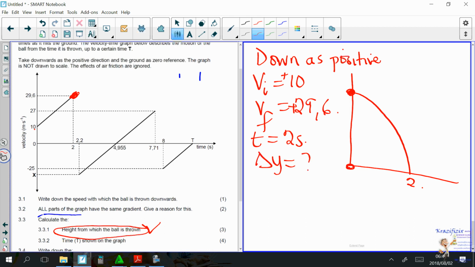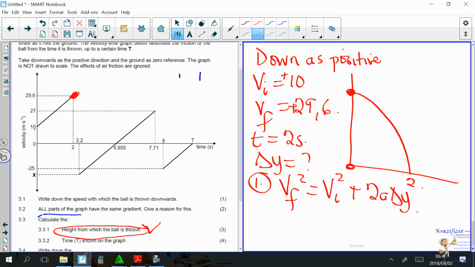Now, this is where you run to your formula page and get the correct formula. Now, what formula do you see here? If you go to your formula page, you can actually use any. Let's try option 1. Let's check something. Vf squared equals Vi squared plus 2a delta y. Can we use this? Yes. All right. So what's my Vf?